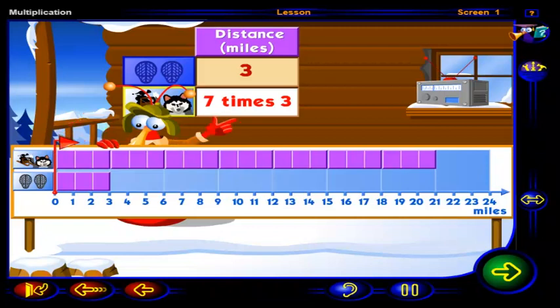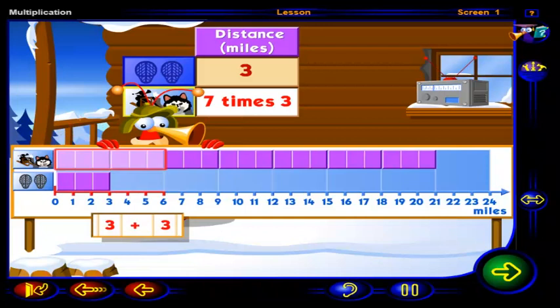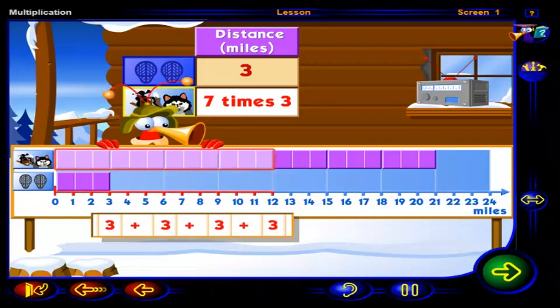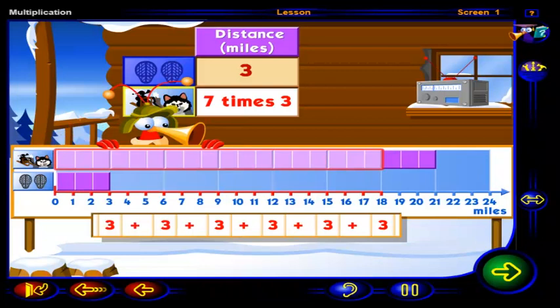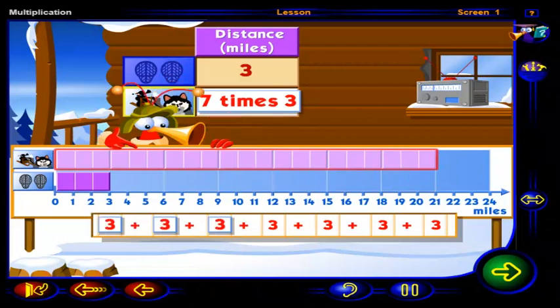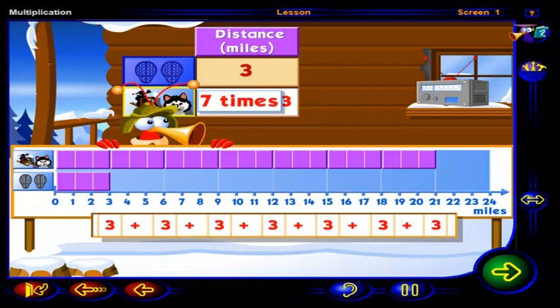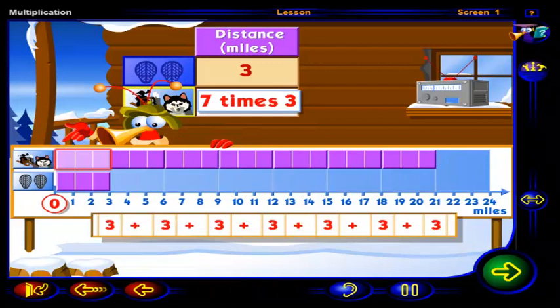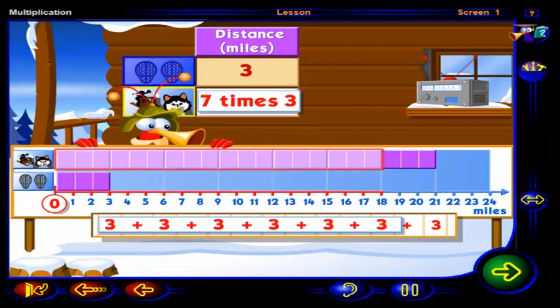Seven times 3 is 3 plus 3 plus 3 plus 3 plus 3 plus 3 plus 3. Aha! 7 times 3 means we are adding 7 threes. So to find 7 times 3, we can start at 0 and count by 3 7 times.